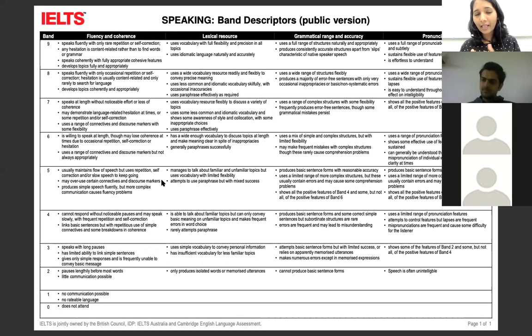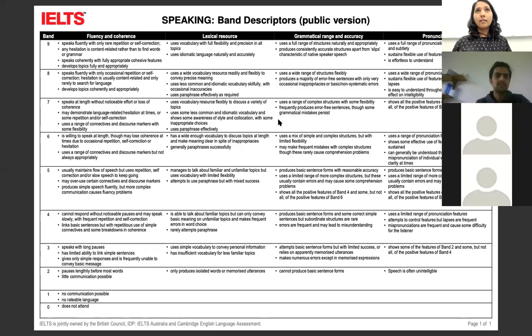Your listening is the same, your speaking is the same, your writing task 2 is the same, like the essay. Do we surely get diagram-based questions in the reading section? No, they are rarely occurring. And reading is extremely changed.